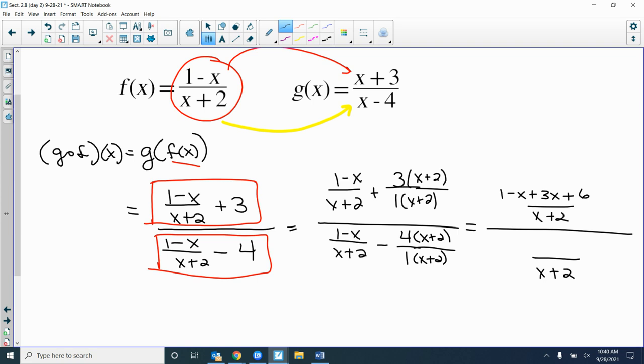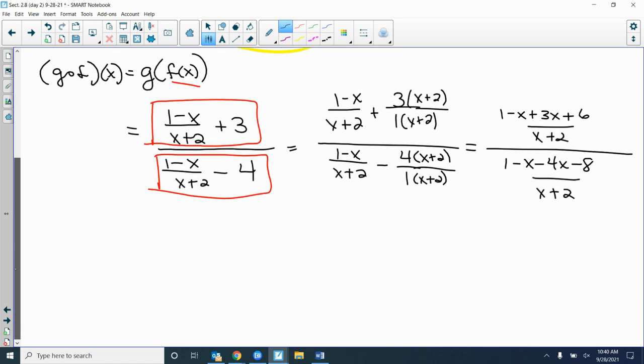All right, you really got to watch because you're subtracting there, right? So you really have to distribute a negative 4. So what's going to be up there is going to be a 1 minus x, minus 4x, and then what? Minus 8, right?